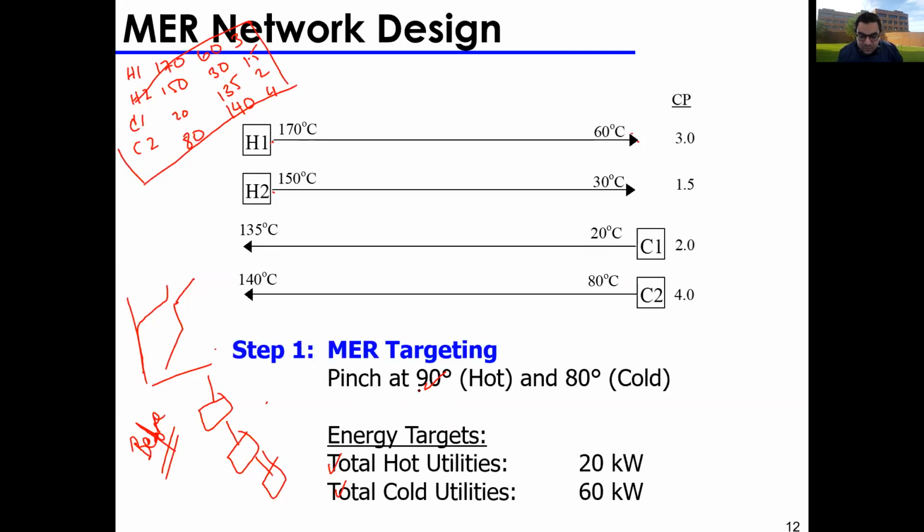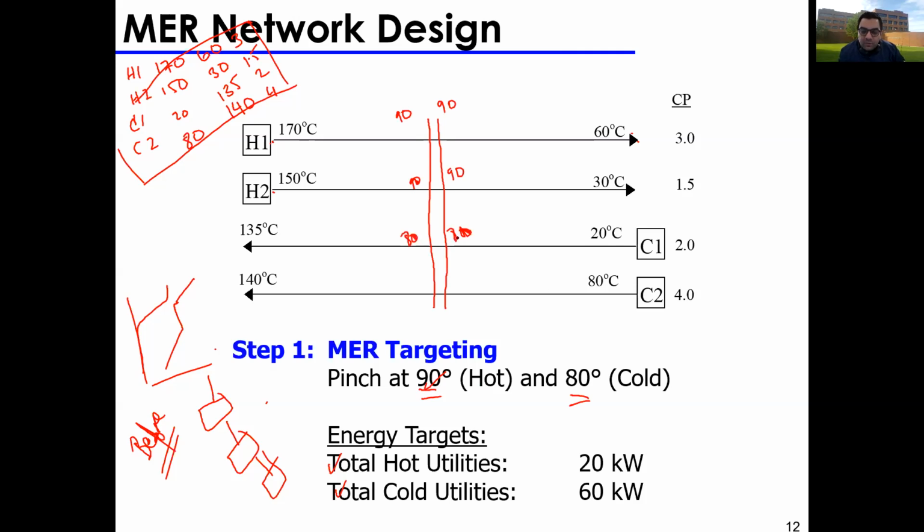So in this case, my pinch was at 90 for the hot streams and 80 for the cold streams, right? The standard procedure to be followed is that I'm just going to draw two lines. On the hot streams, I'm going to write the hot pinch temperature, and on the cold streams, I'm going to write the cold pinch temperature.